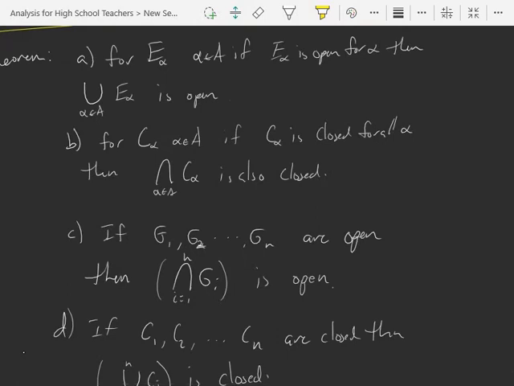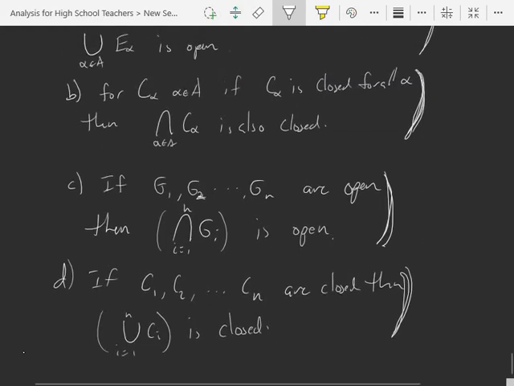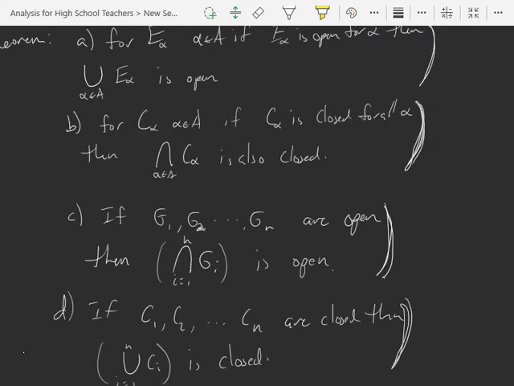So any collection of open sets in a union stays open. Any collection of closed sets in an intersection stays closed. A finite collection of open sets in an intersection stays open. A finite collection of closed sets in a union stays closed. There are counterexamples to all of the contrapositives of these.